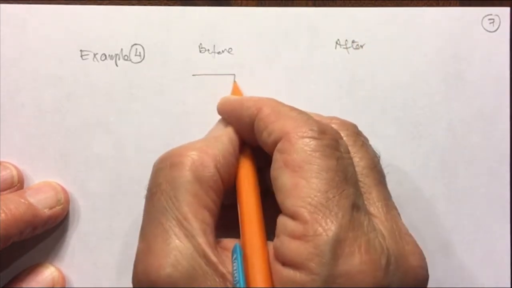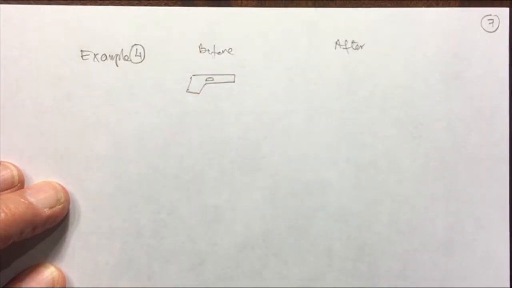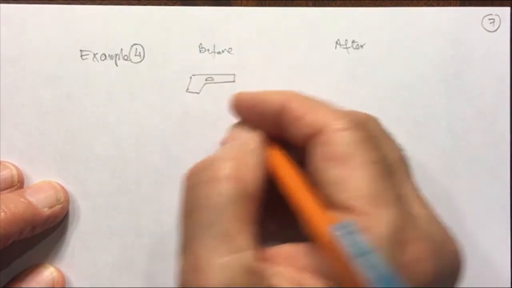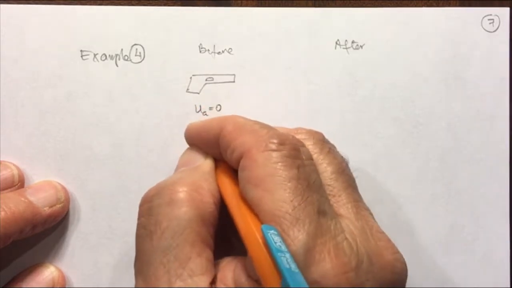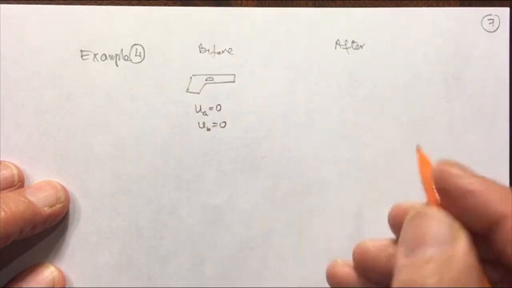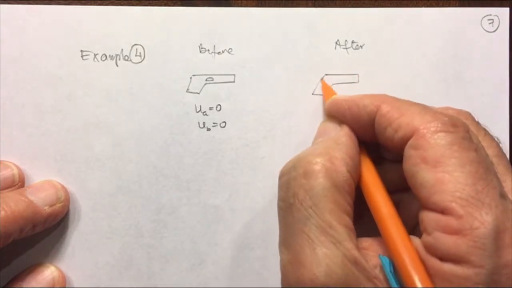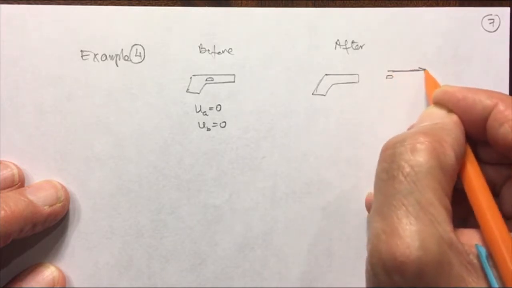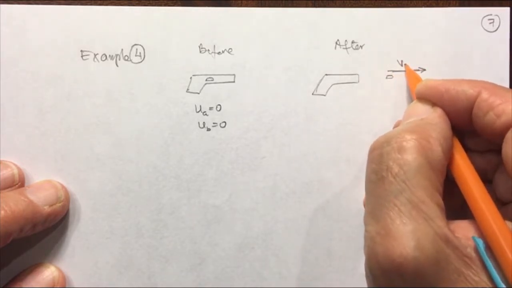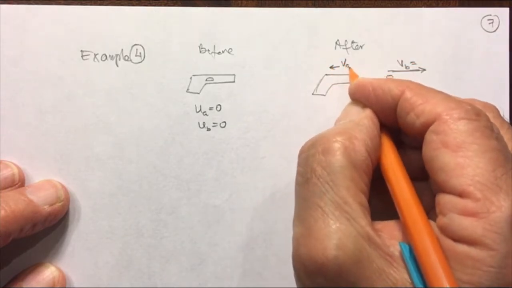So we have a gun with a bullet inside it, and they're both at 0, so the speed of the gun is 0, the speed of the bullet is 0, and afterwards the gun is fired, the bullet is going with a large velocity, v bullet, and the gun would recoil backwards.